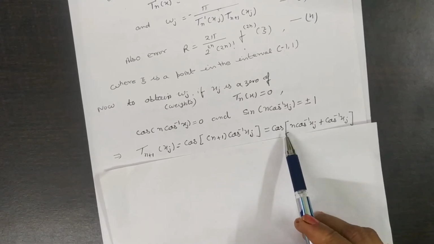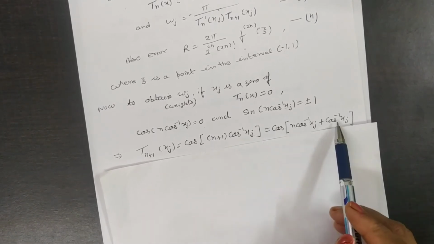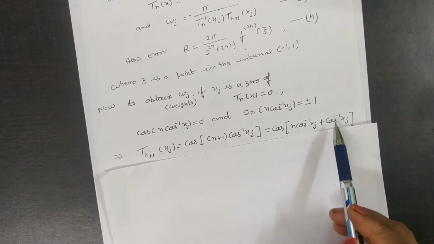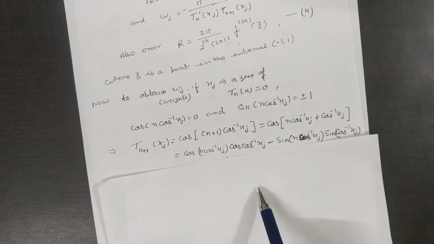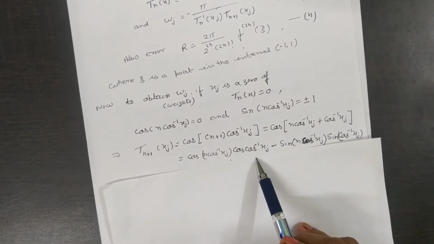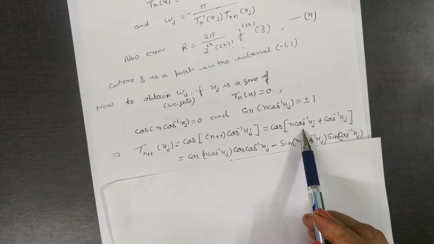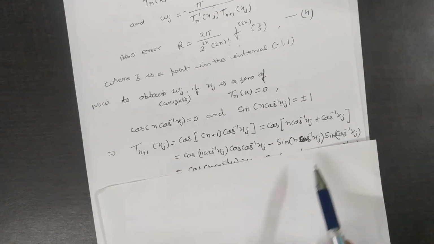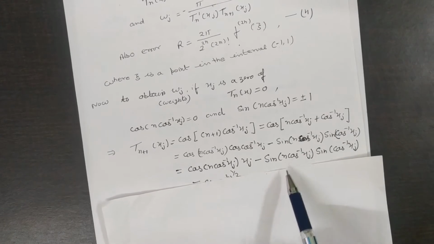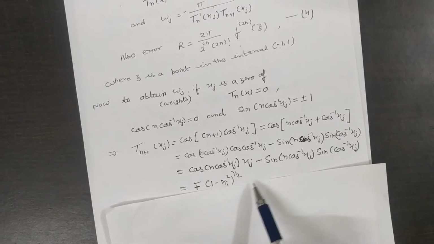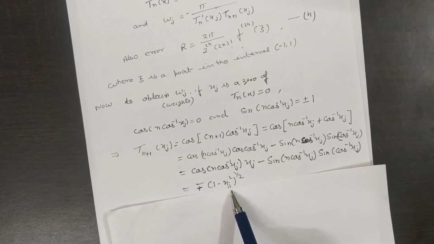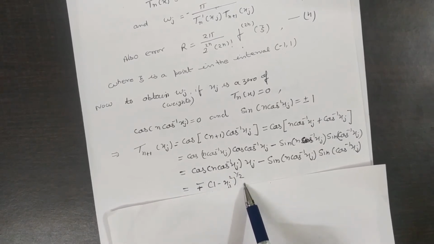Now you operate with cos(a plus b), that is cos a cos b minus sin a sin b. So here is cos of this minus sin of this and sin of this. Okay, students, to clear it, we write this one. Now if you calculate these values, then you get plus minus (1 minus xj squared) to the power half.